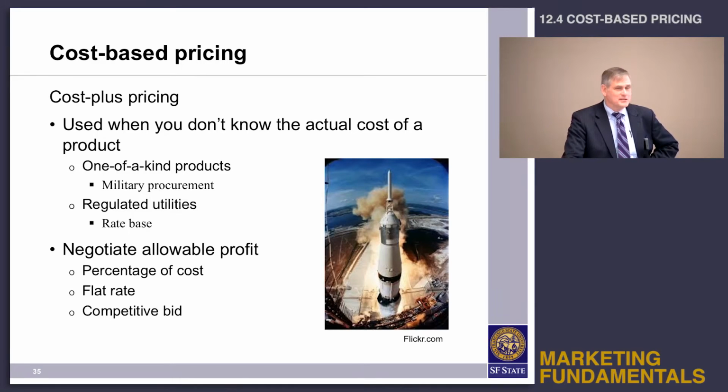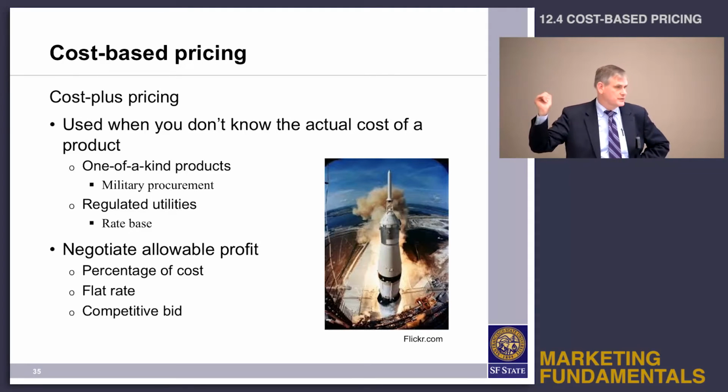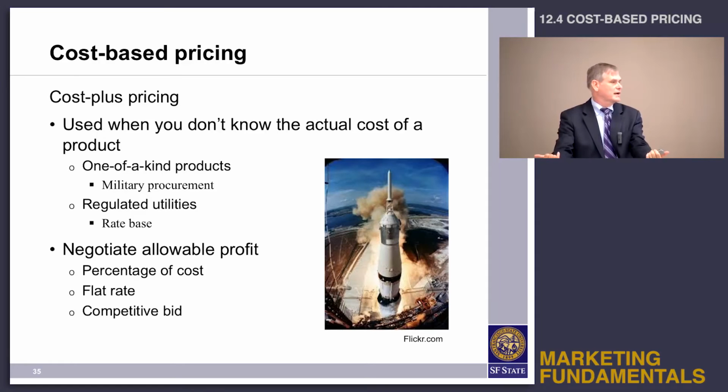So rather than saying I will buy a spaceship for $50 million, they might go to a cost plus contract, where whatever the cost is, you can pay yourself a 5% profit on top of that, and so that way as a product developer, I'm willing to make that kind of investment because I know I'm not going to get burned. The risk is that there's no incentive for me to control costs.